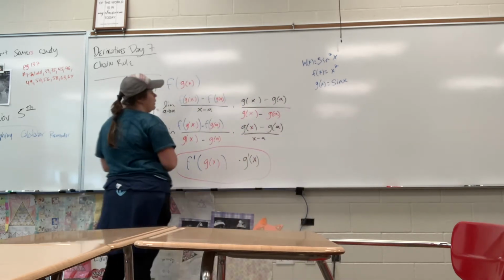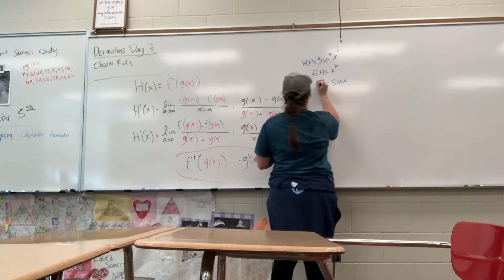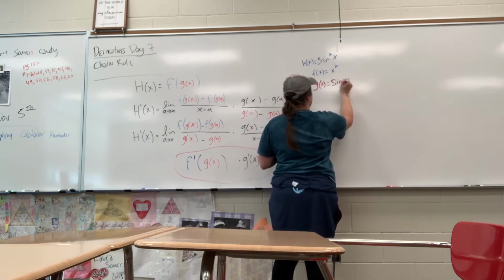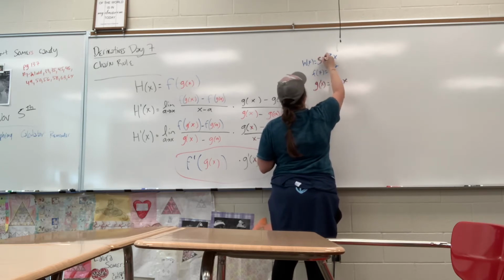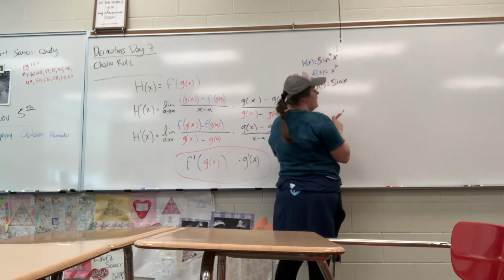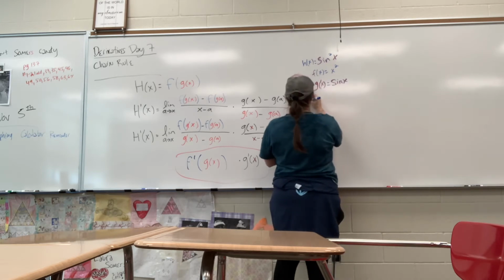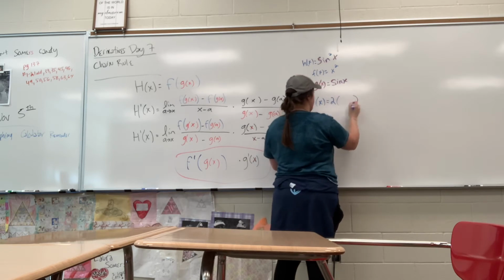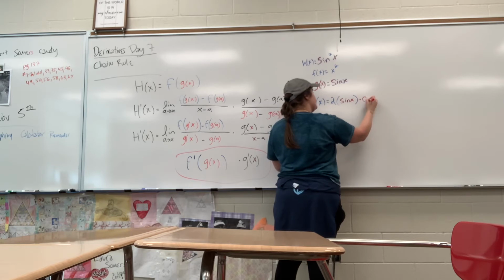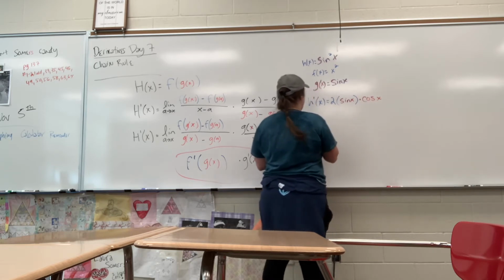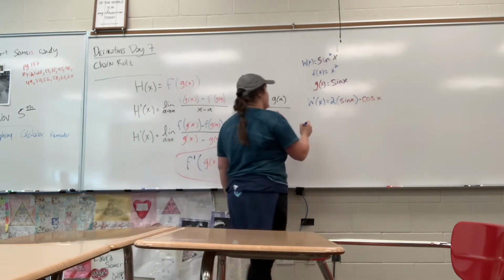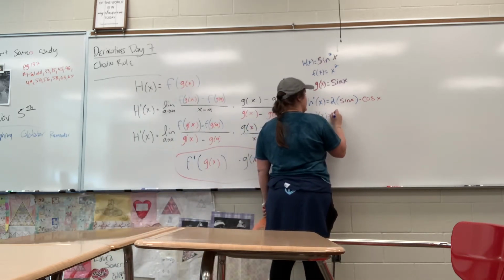So on this one, if I wanted h prime of x, I would do f prime of g times g prime. And I can make it look a little nicer if I want to. If you don't, I don't care.